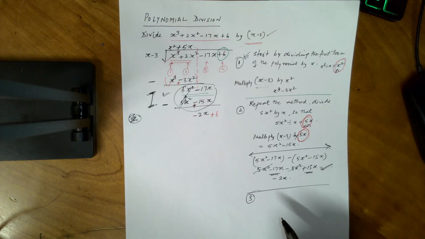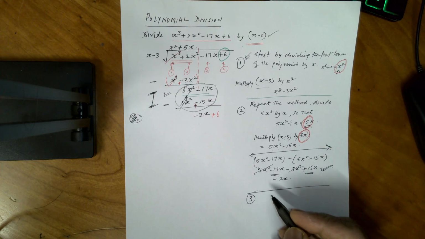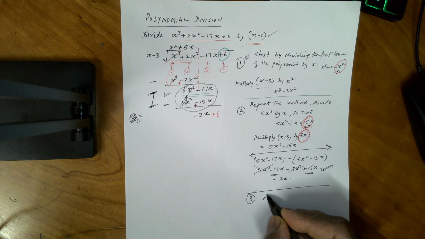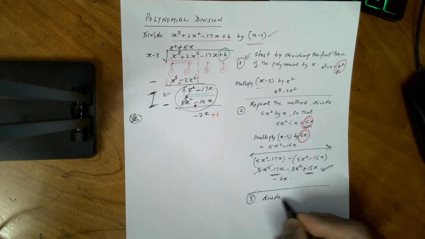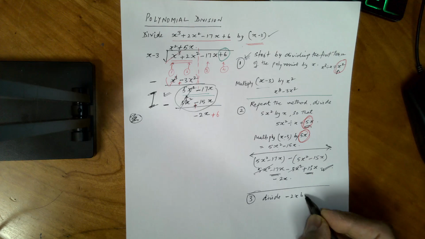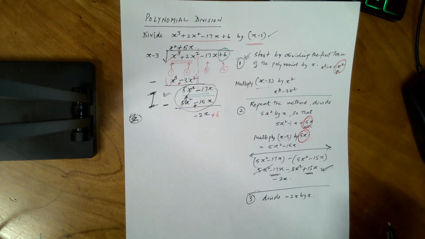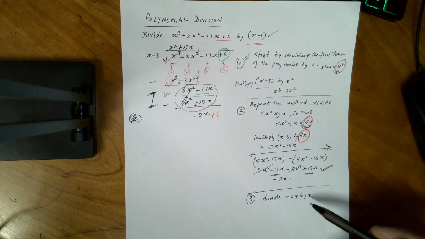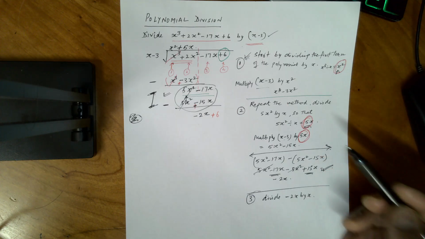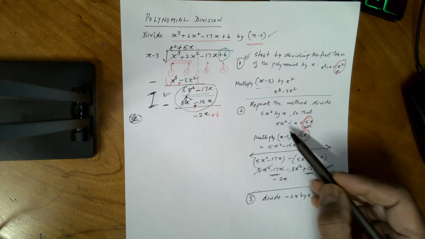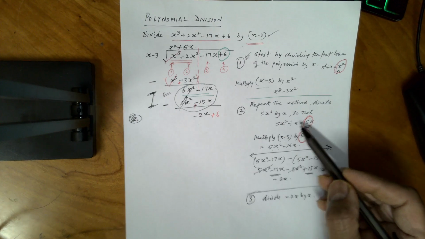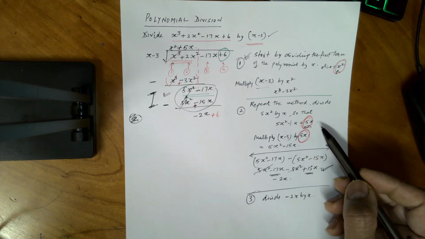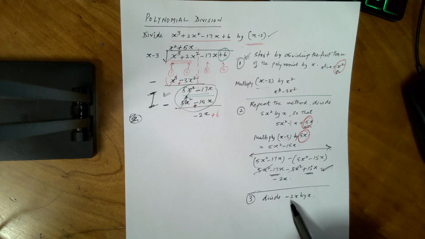So what you do, repeat the same method, okay, divide. So this time what you will do, divide minus 2x by x. You see you had this, and after you divided you got x squared, and then when you divided by x, you got 5x. Now the third one is divide minus 2x by x.